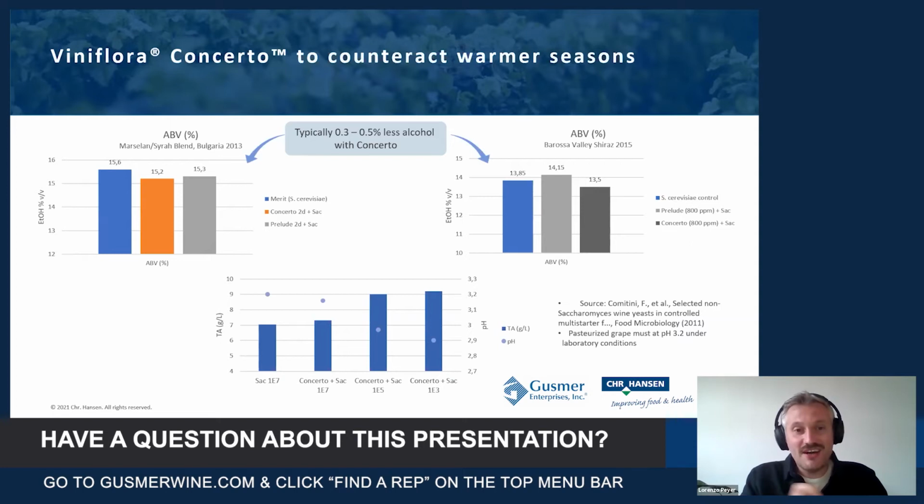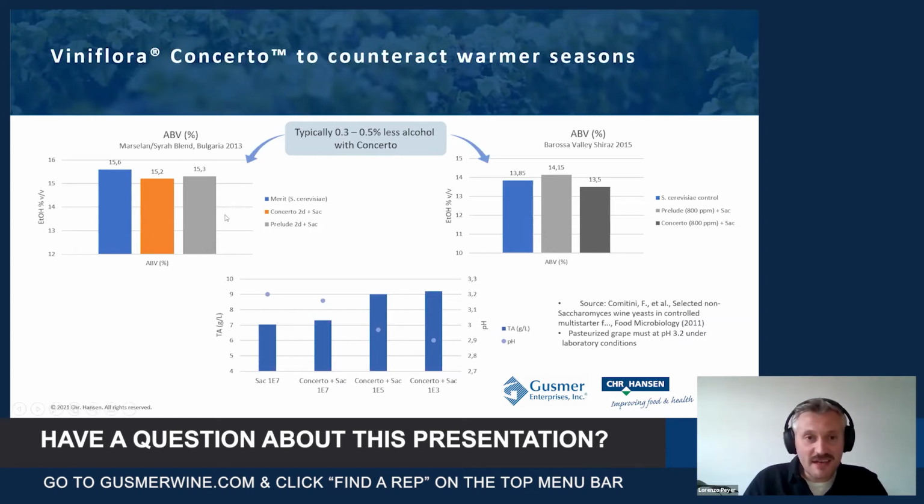When the conditions are right, Concerto can do something else and can touch the final ethanol content. Again, it comes down to the fact that if the conditions are right, Concerto can produce more lactic acid. And by doing that, the ethanol content eventually goes down. So by having more acidity and less alcohol, the wine comes through as crispier, more fresh.